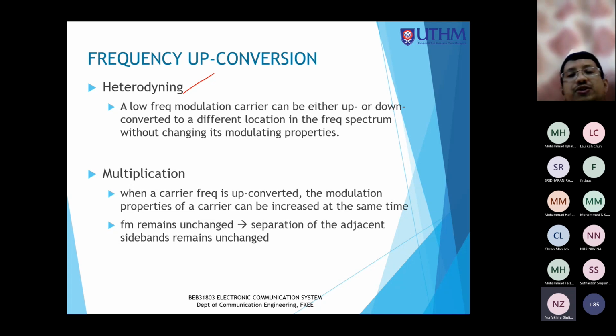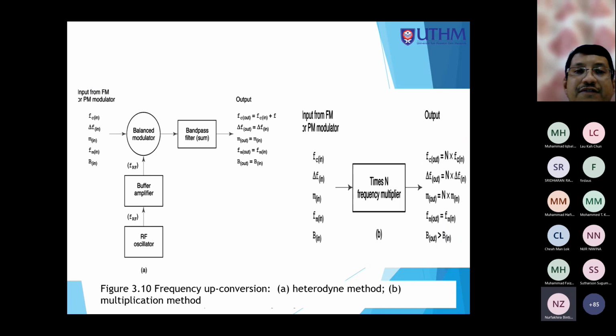That's the process of heterodyning. The word heterodyne means mixing. The other method is to use a multiplication technique. Multiplication means that we use a frequency multiplier, which has a frequency multiplier factor. We will see the difference between both of these methods.